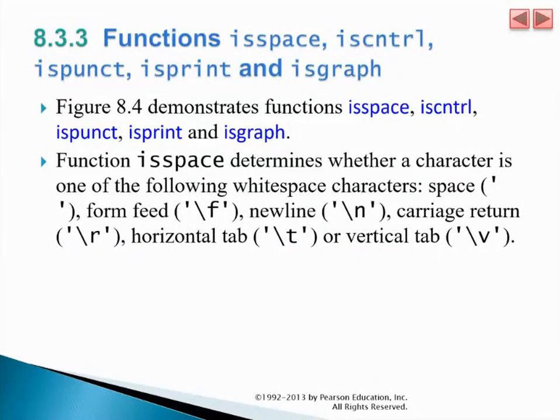Okay. Now let's see some more functions: is space, is control, is punctuation, is print, and is graph. Okay, these are 5 more functions that are there in the C type library. So is space will check for the given white space character. Space could be anything. It could be a single space, when we press the space bar and the space is created.